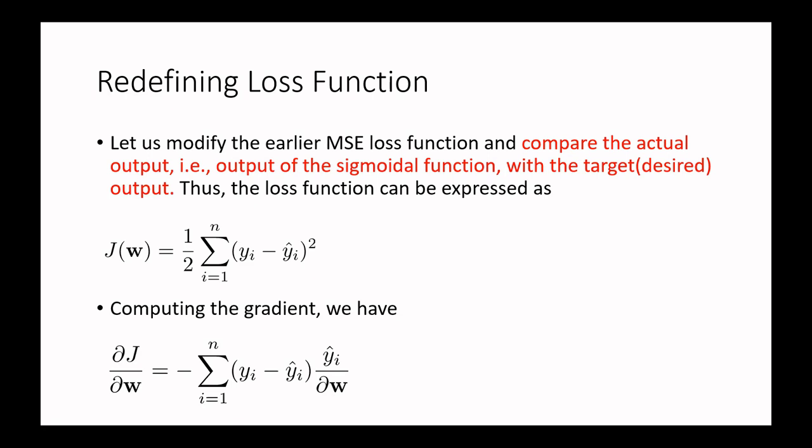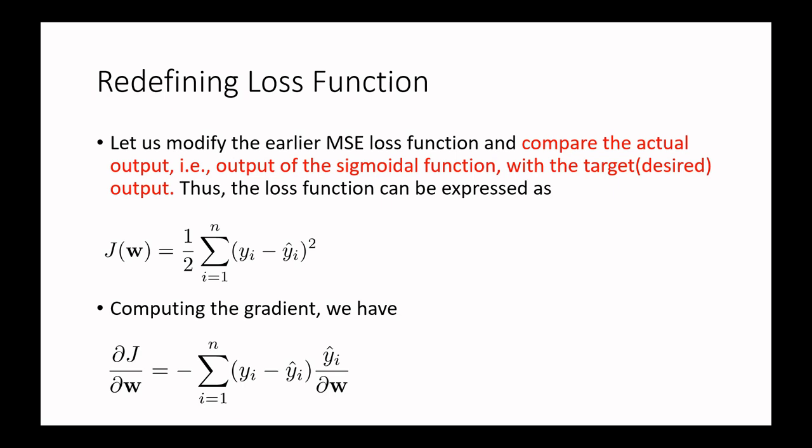Now let's take the output after the activation function. So the output after the activation function is y hat. For the ith example, it is yi hat. And the desired output for the ith example is yi. So now we take the difference between the two, square it up, and sum it over all the examples.